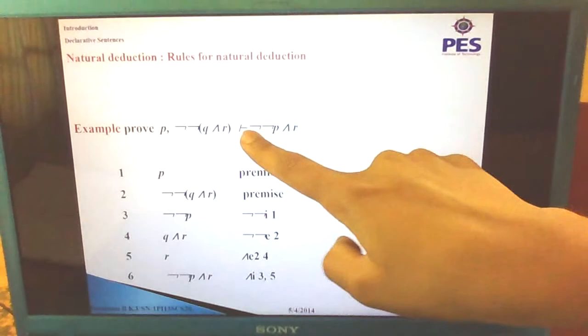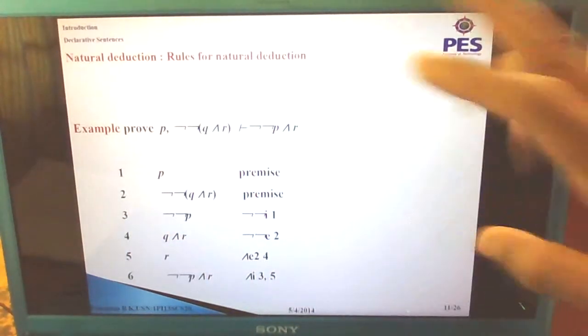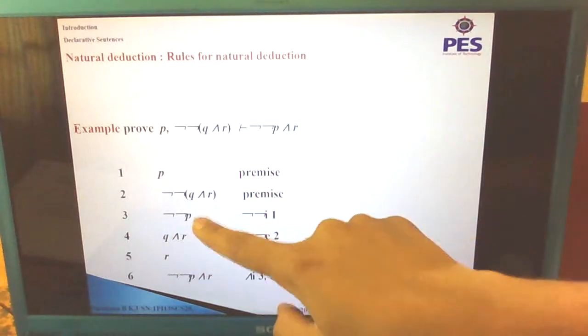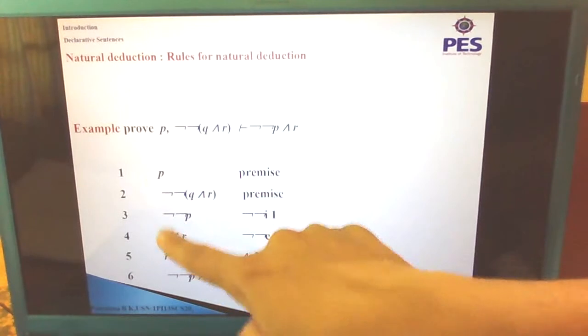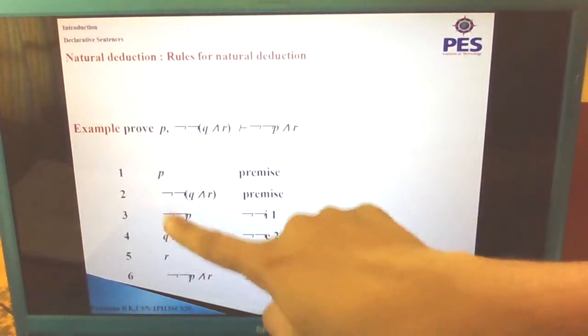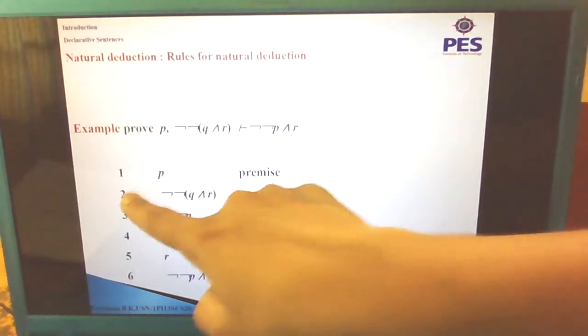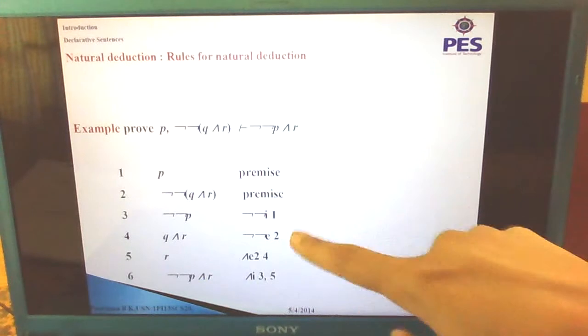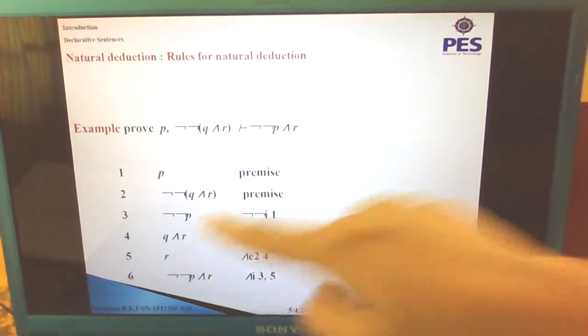We have to conclude double negation of P conjunction R. For that we introduce the double negation on line number 1, which gives us double negation of P. We eliminate the double negation from line number 2, the given premise, so we get Q conjunction with R.